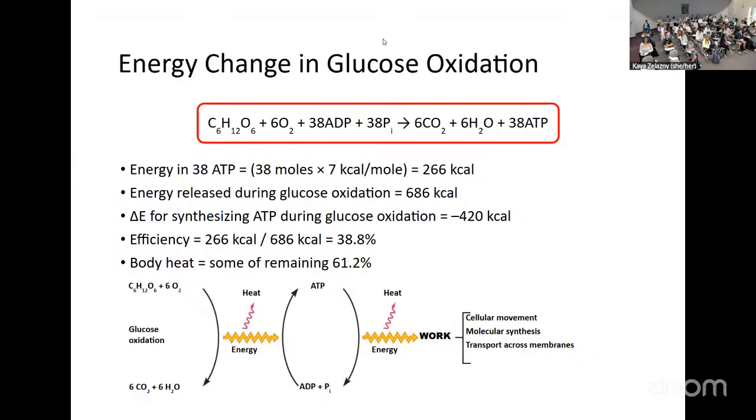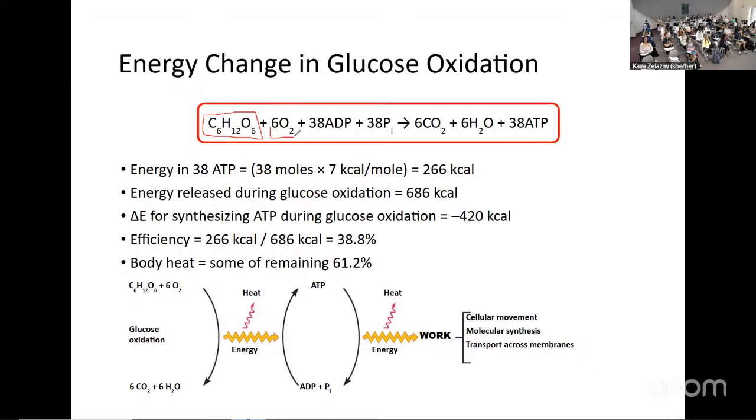But we are going to look at the whole reaction to be complete right now while we're talking about it first. So what we're doing in aerobic cellular respiration, so cellular respiration that uses oxygen, which might also be called glucose oxidation, as it is in this slide. We're taking glucose. So here's our glucose, our C6H12O6. We're going to need oxygen as part of this process.